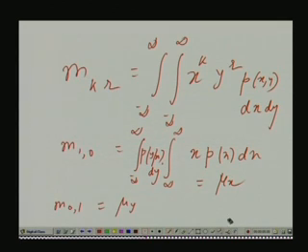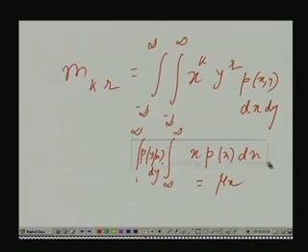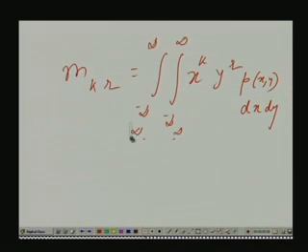Then what is M11? Or say start with M20. Clearly it will be expected value of x square.